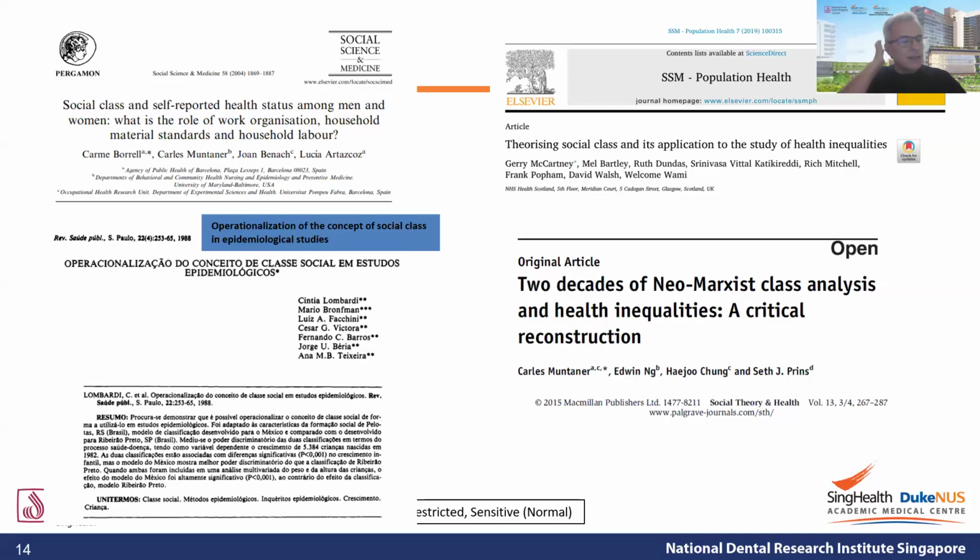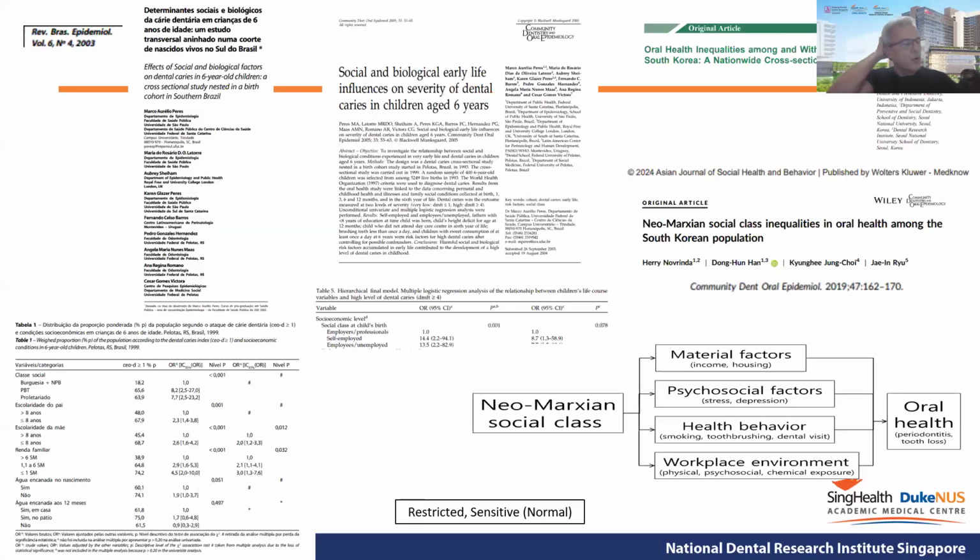The question is, are there any examples in oral health research using this kind of approach? Surprisingly, very few studies have used this concept. Again, I didn't conduct a systematic review, but a quick search on PubMed revealed only 3 related publications.